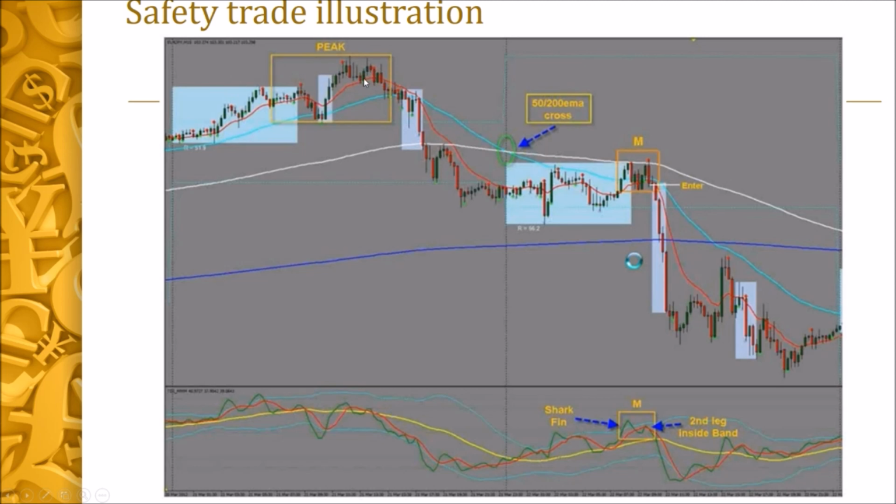From the peak of the chart, we had a 50 200 cross. Remember, this is the M15 time frame. Then after the 50 200 cross, here we had a pullback of price up to the 200 EMA.